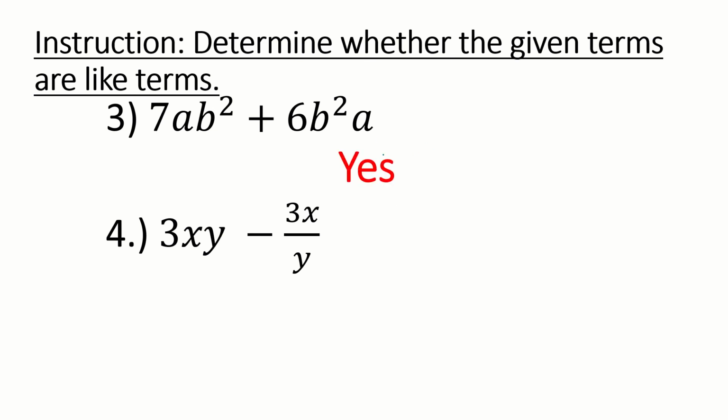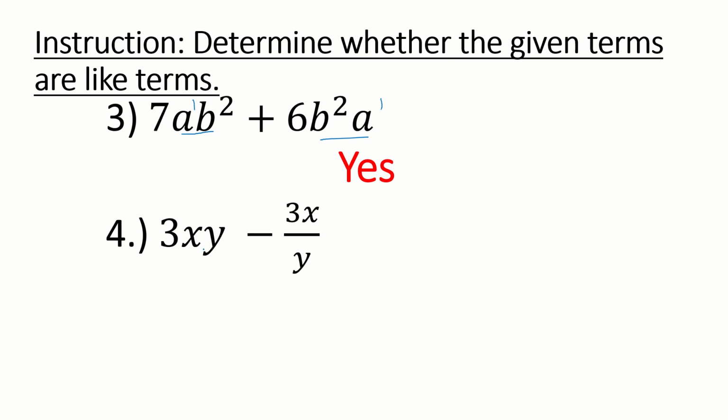It's a yes because, as you can see, despite the fact that a and b squared are not in the same order here, the one with the exponent 2 is the b, same here, and the a's in both terms have an exponent 1. So that means they're just the same. So these are like terms.